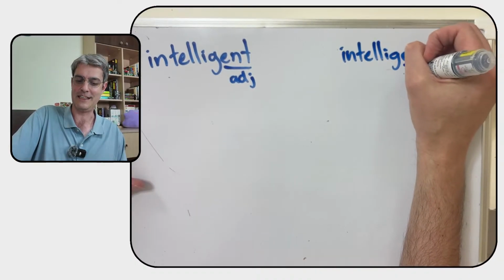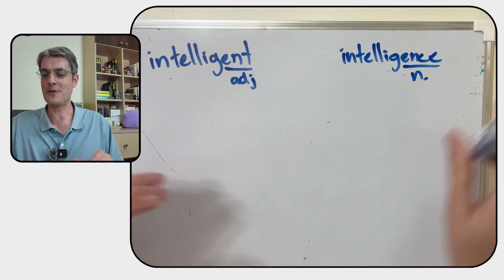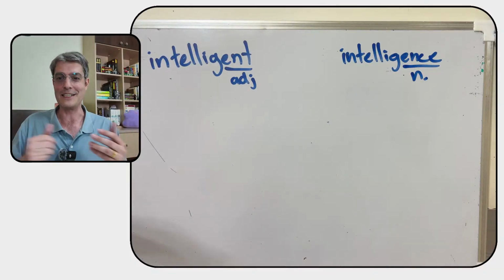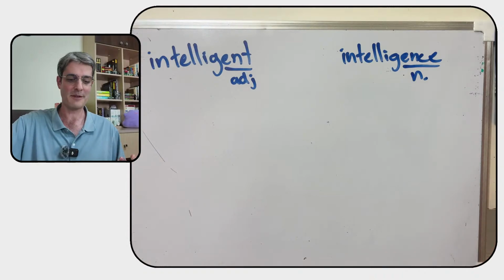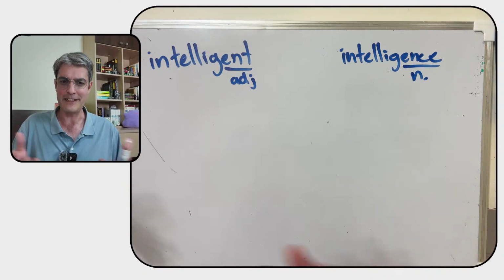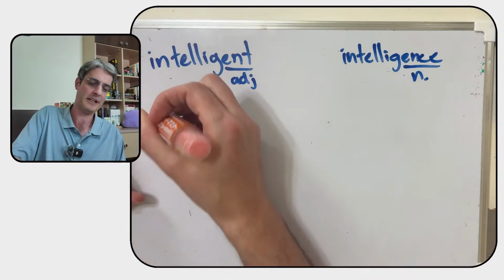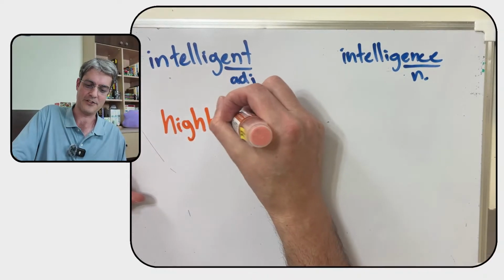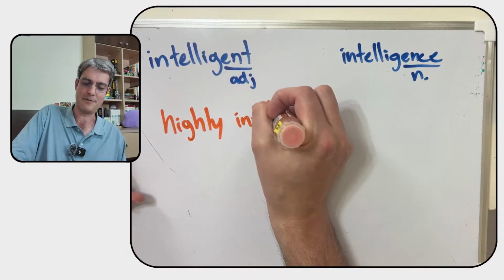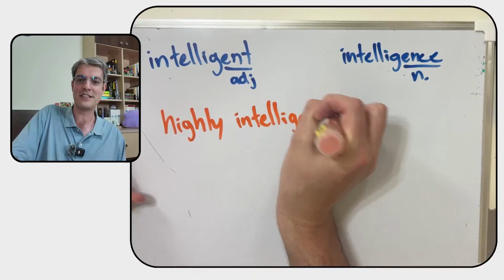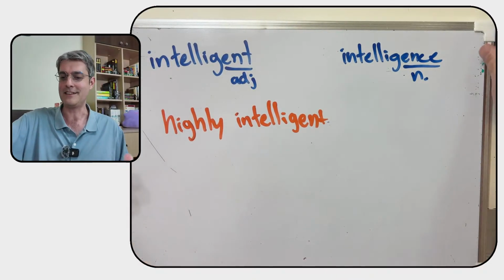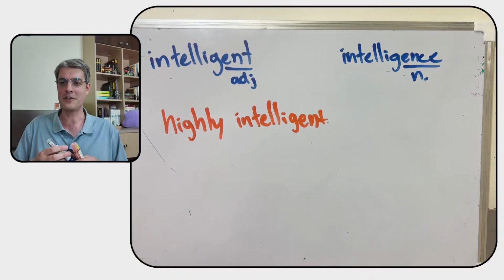All right, this just means the ability to think, understand, and learn well or easily. So one common collocation, instead of saying very intelligent, if you're tired of saying very, you can say someone is highly intelligent. She's a highly intelligent student. He's a highly intelligent worker.